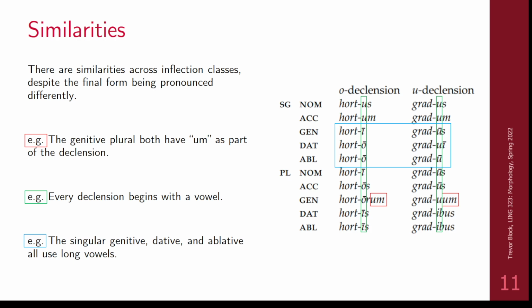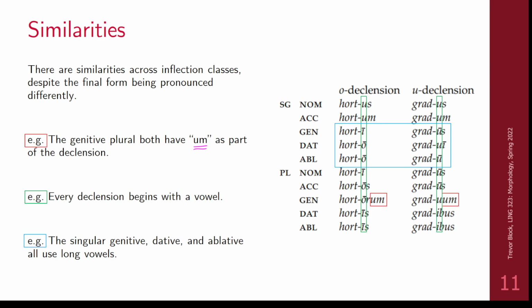Now, I showed you a couple of similarities before, but I want to think about more general similarities. So, for example, in the plural genitive, we have orum and urum, and there is a similarity there. The genitive both have as part of that suffix, but one has or and one has u before it. But there is still some similarity there. So maybe they came from some sort of inflectional paradigm that eventually was split and things changed over time.